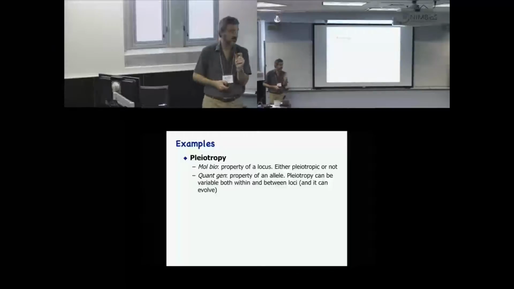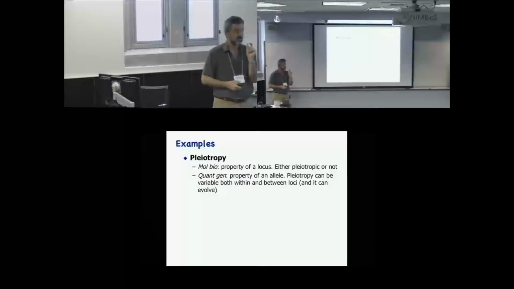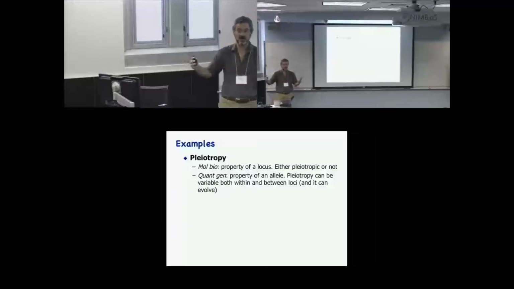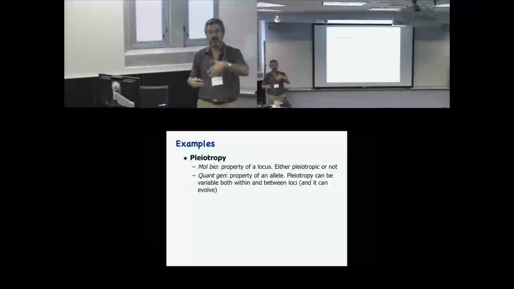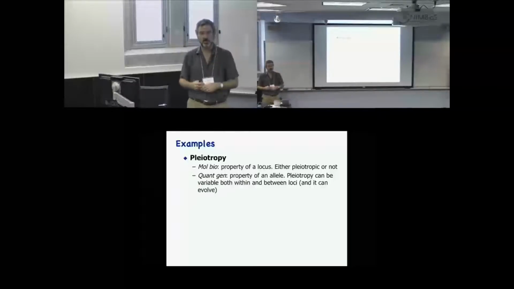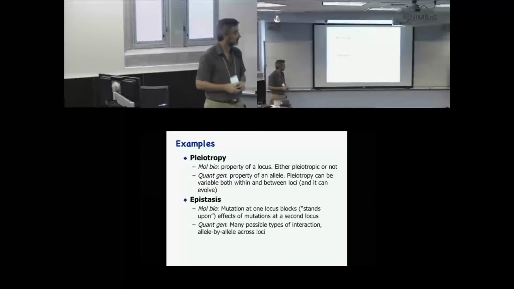But in quantitative genetics, pleiotropy is a function of the allele, and pleiotropy can be variable from allele to allele. So you can have an allele that affects more than one trait, or an allele at the same locus that doesn't, or affects a larger combination. That is, there's variability in pleiotropic effects, and it's that variability that will lead to the evolution, for instance, that Adam will talk about in terms of the evolution of the G matrix.